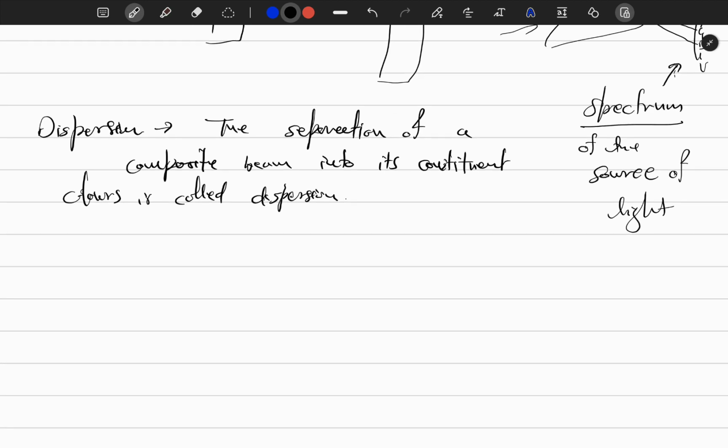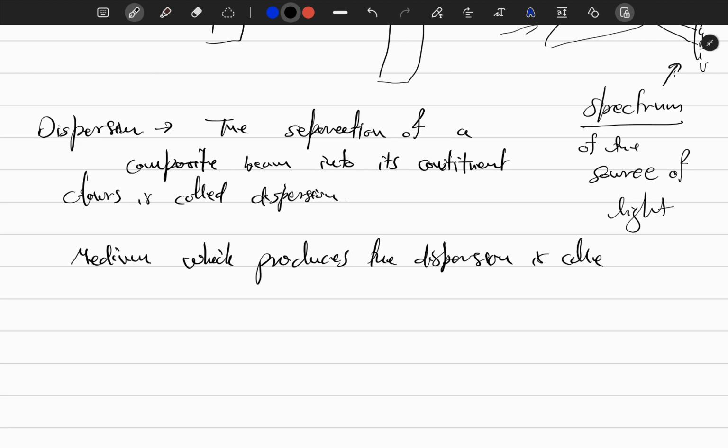And the medium which produces the dispersion is called dispersive medium.